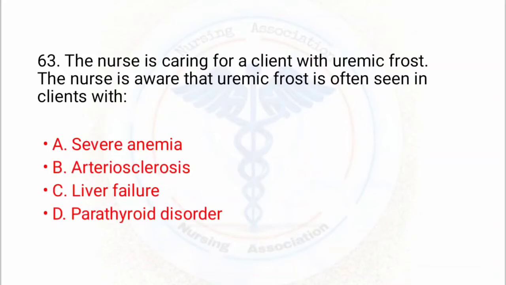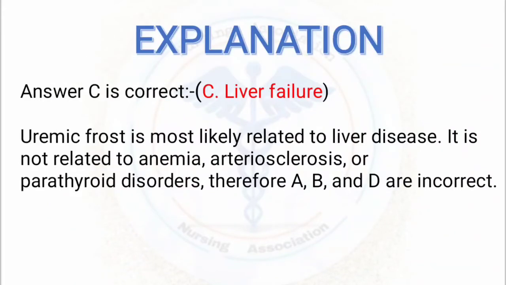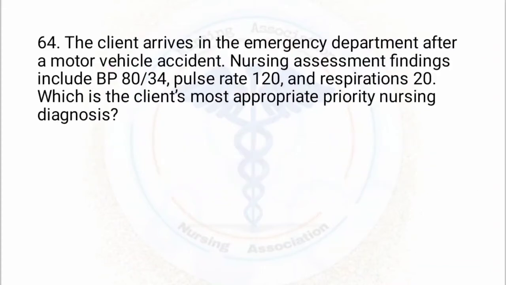Which of these diagnoses or disease conditions will be the cause of uremic frost? The answer will be liver failure, because uremic frost is most likely related to liver disease, not the other diseases mentioned in the options like anemia, arteriosclerosis or parathyroid disorders. Therefore, answers A, B and D are incorrect, and answer C, which is liver failure, is correct.